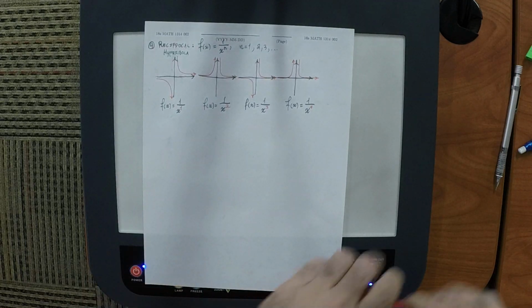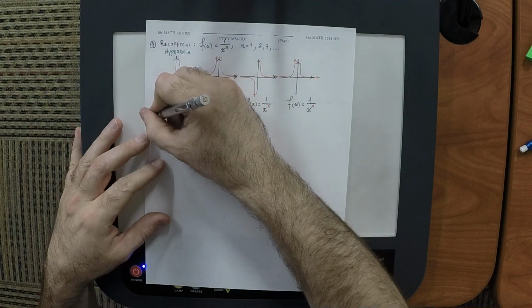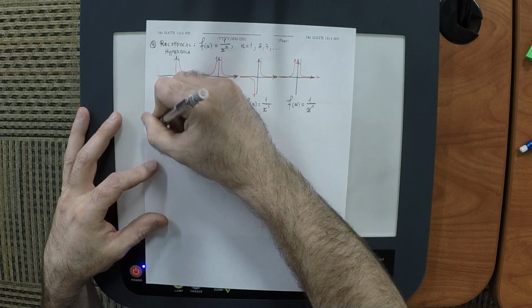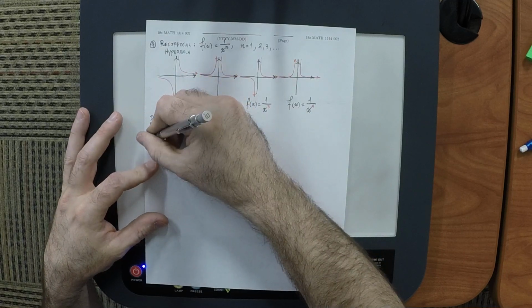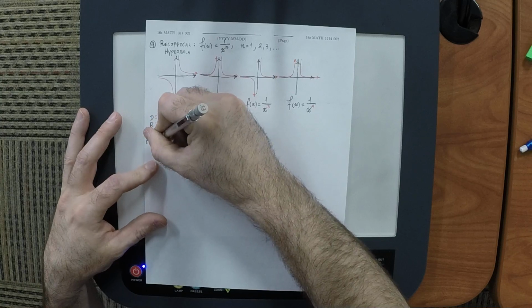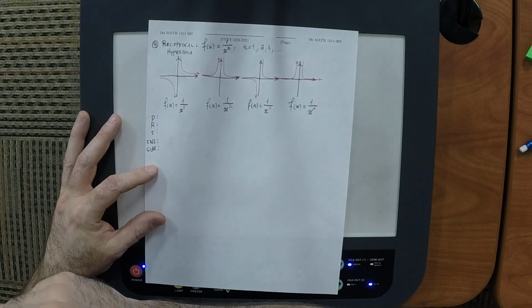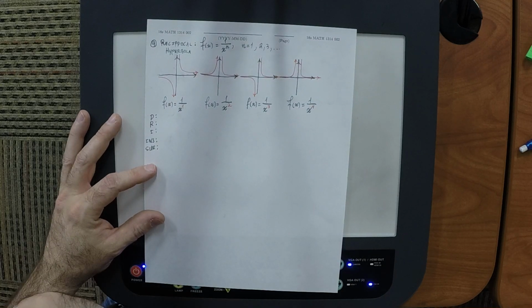Good. So now let's quickly do the domain dance. Domain, range, image, injective, surjective. How about the domains? The domain is the same for all of them.